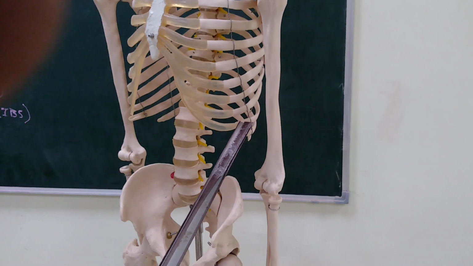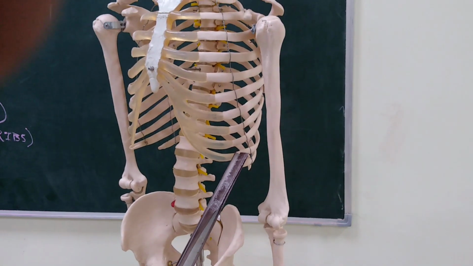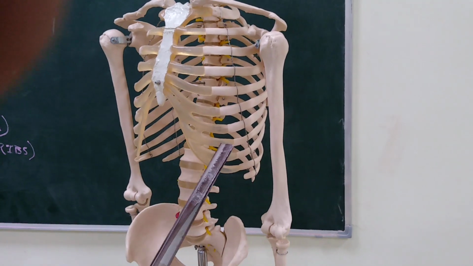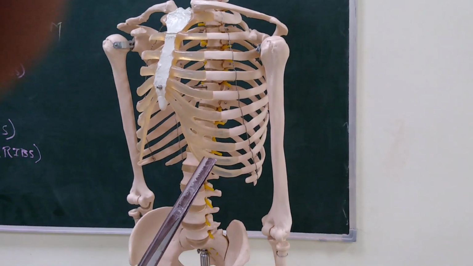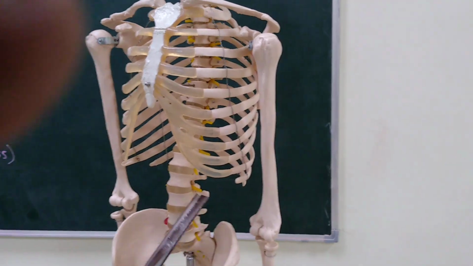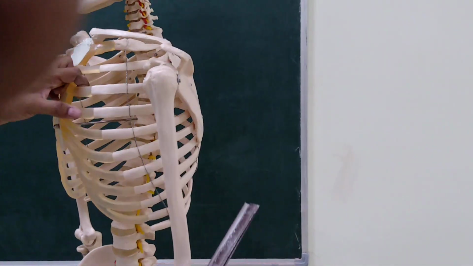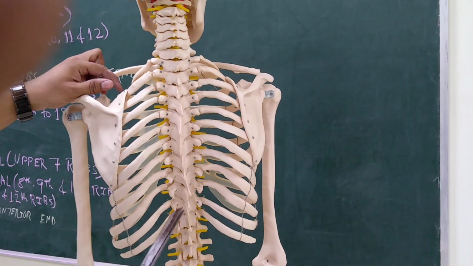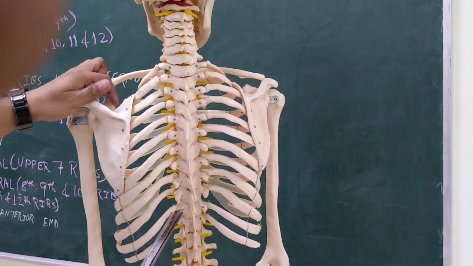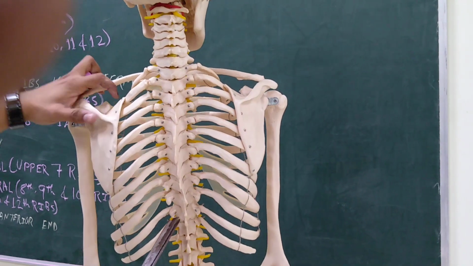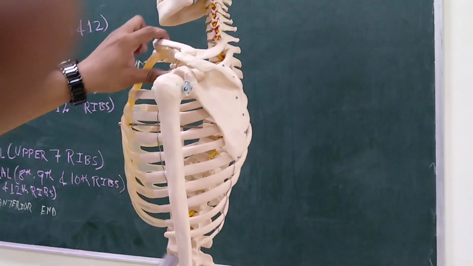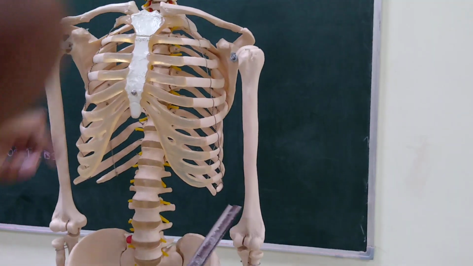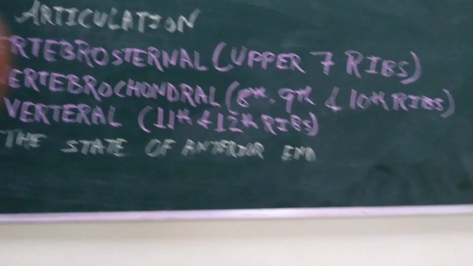These are connected posteriorly with the vertebra, but anteriorly these are attached with the chondral parts of the ribs. The 11th and 12th ribs are connected directly posteriorly with the vertebrae, but anteriorly their ends are free. These are called vertebral ribs.